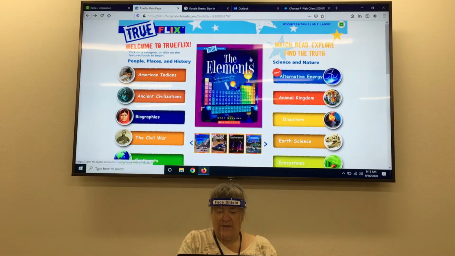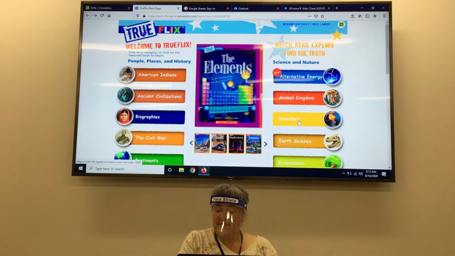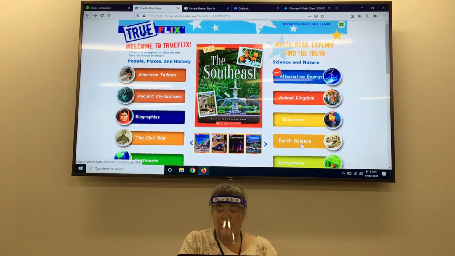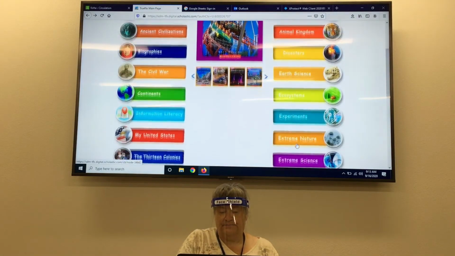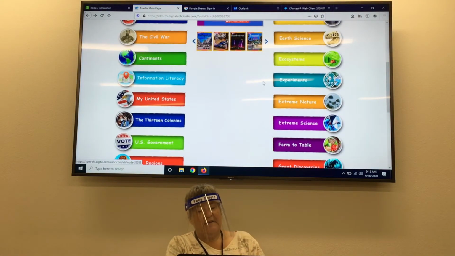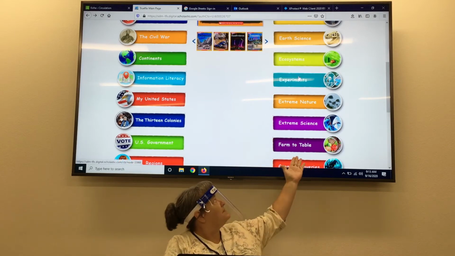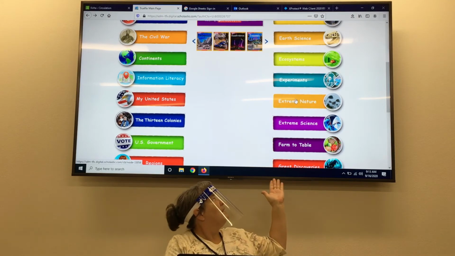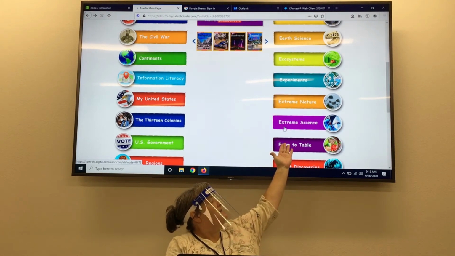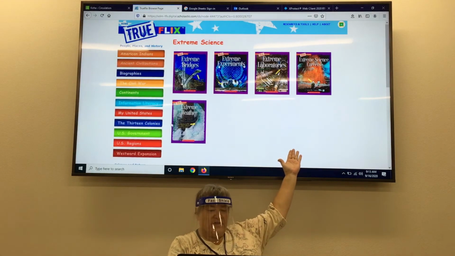There's also a category for disasters. Earth science. Ooh, it's got a picture of a dinosaur bone, fossils. We have ecosystems, experiments, extreme nature, extreme science. Nope, I don't want to go to extreme science.